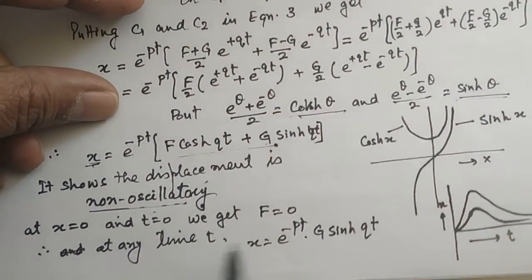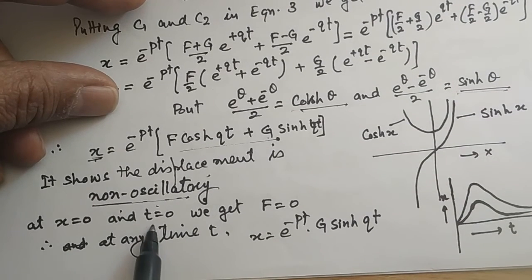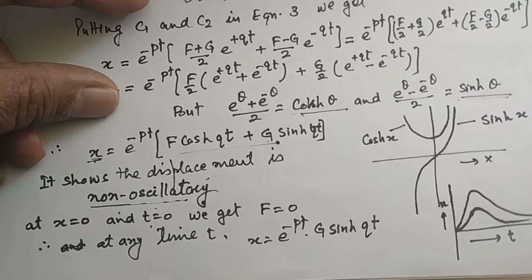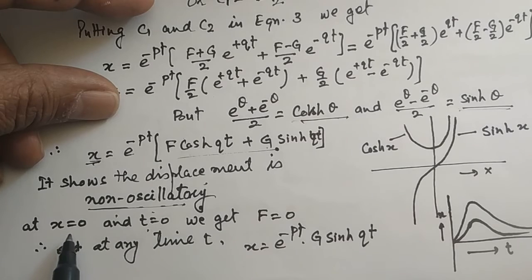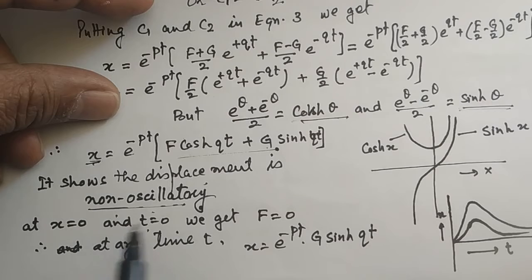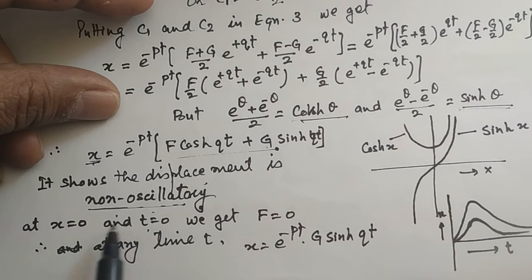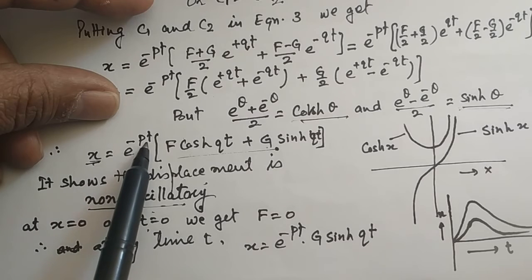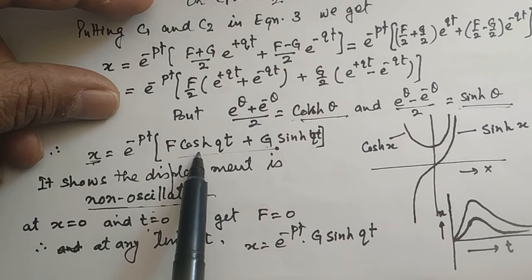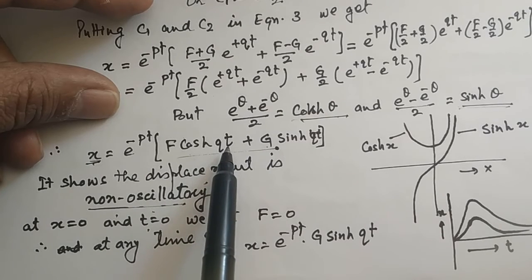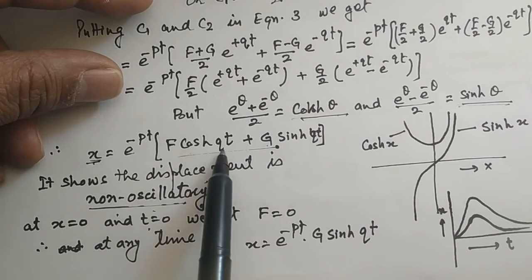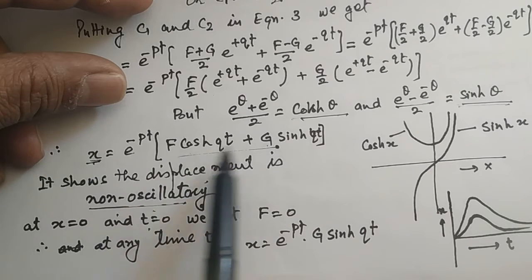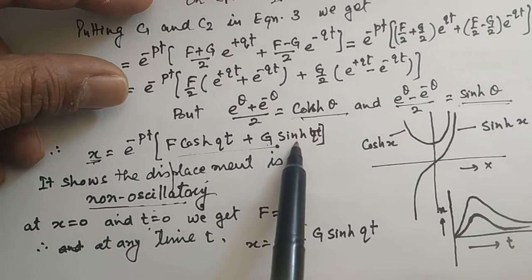And it shows that in the starting, when time is 0 and there is no oscillation, the displacement will also be 0. So when we put t = 0 and x = 0 in this equation, you will find x is 0, e^(-pt) is e^0, which is 1, f cos qt, cos qt is 1, so we get f plus g sine, which will be 0.